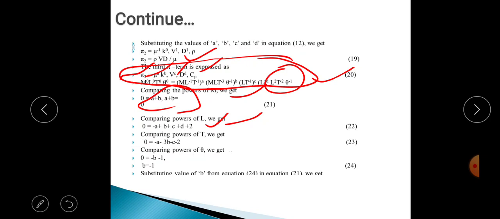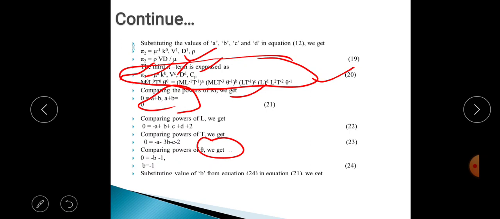And last we compare the powers of theta. There are no terms on the LHS. On the RHS we have two terms, with powers minus b and minus 1. So we get b equals minus 1.